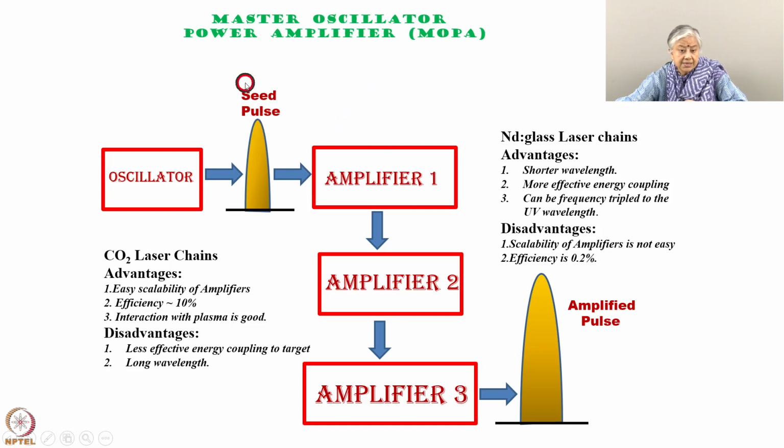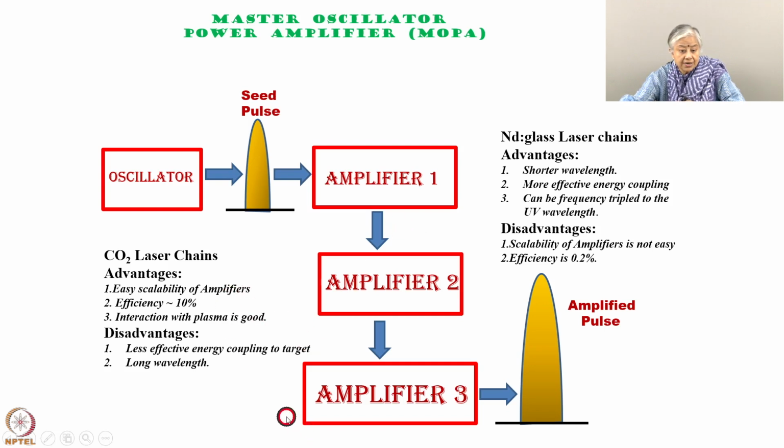Now, the next advantage is its efficiency, which is 10%. Okay. By efficiency I mean the conversion of electrical power into the lasing power. Okay. So, in case of carbon dioxide, it is a pretty efficient system as far as that goes.